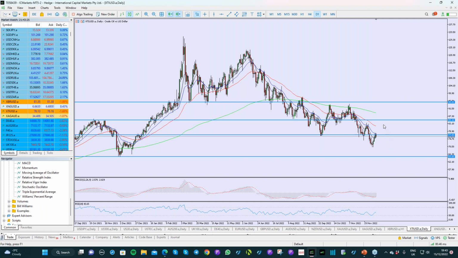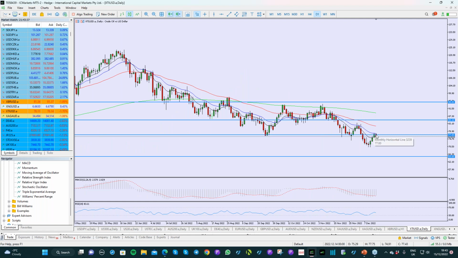And again, one thing I really like about this is the fact that price is showing these lower highs and lower lows, but price has pulled back. And price has pulled back to this area, which is pretty much level with these previous lows here, much the same as the Brent crude oil chart.